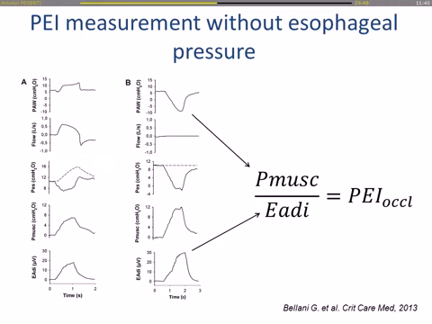So if I occlude the airways, if I measure -10 here, it means in the esophagus I have -10. Good.